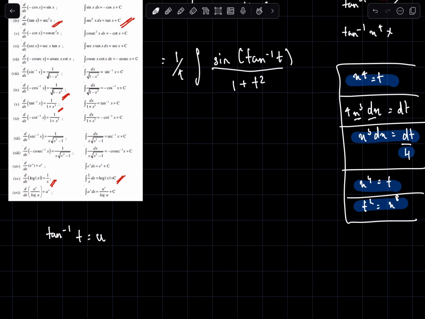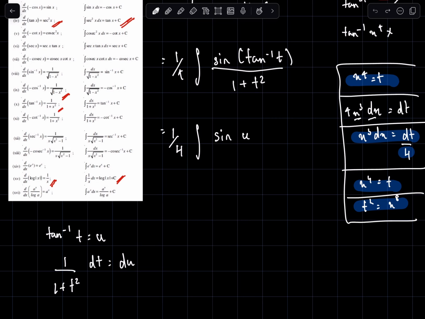Therefore the differential of tan inverse t, 1 by 1 plus t squared dt, is equal to du. So which is 1 by 4th integral of sine u du.